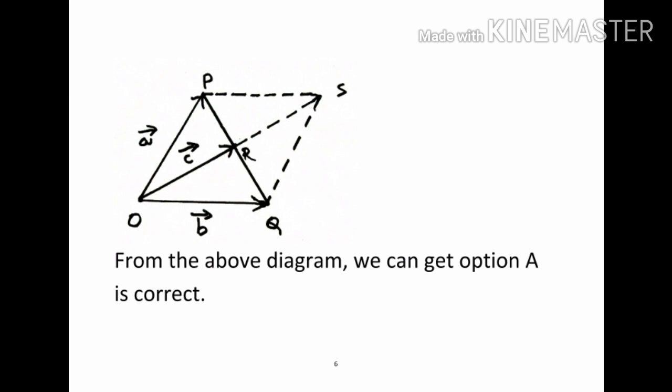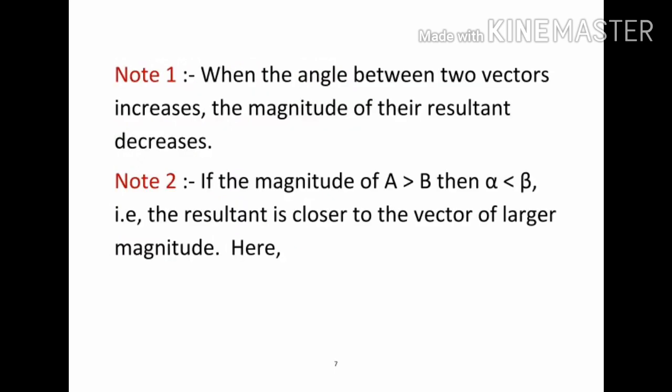the second example. Next one, to solve theory bits related to this parallelogram law of vectors, we are taking two note points. First, when the angle between two vectors increases, the magnitude of their resultant decreases.